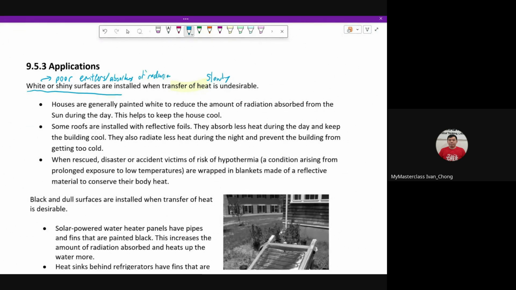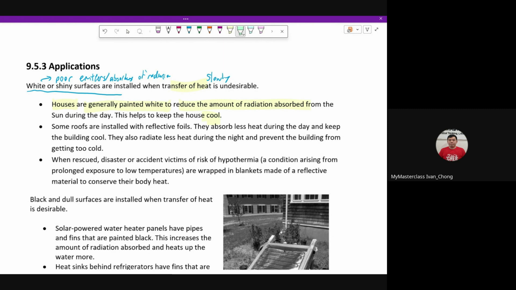Okay, so in this case, most of our houses are painted white. Why? Because you want to reduce the absorption of radiation to keep your house cool, especially in Singapore. That's why normally you don't really see black walls, you don't really see black houses. It's actually to keep our house cooler, not warm. It's really very hot in Singapore.